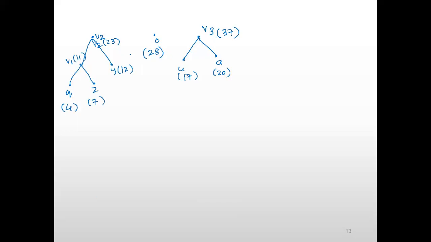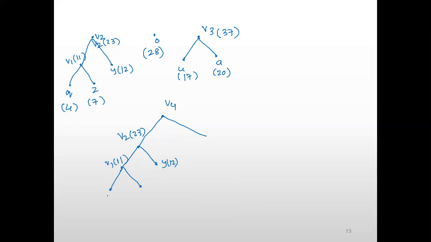And as comparison, the two minimum weights are 23 and 28. Now we need to add them. So by adding 23 and 28, we are going to get the new vertex, V4. V2 has 23 and the corresponding descendants are as follows: V2, and here it is Y with the weight 12 and here we have V1 11.